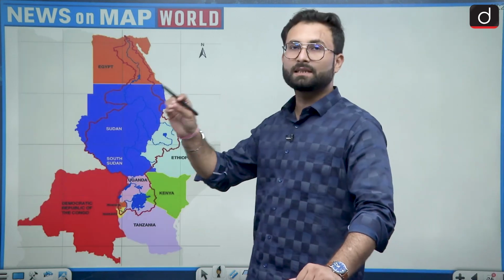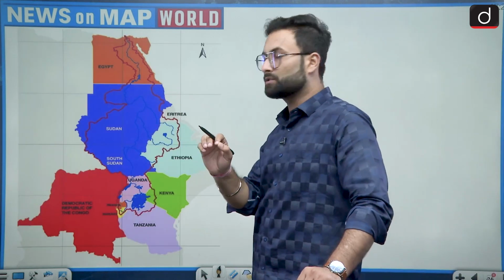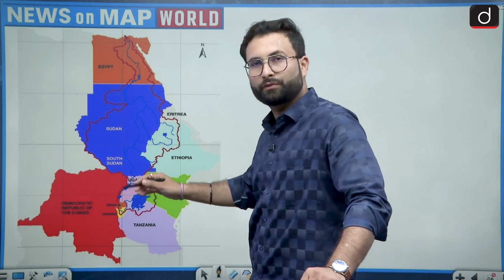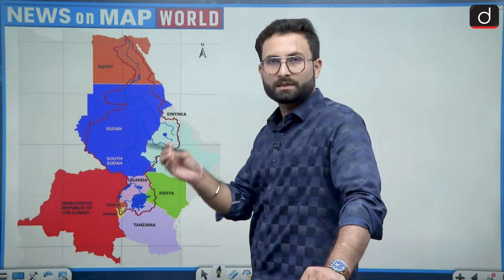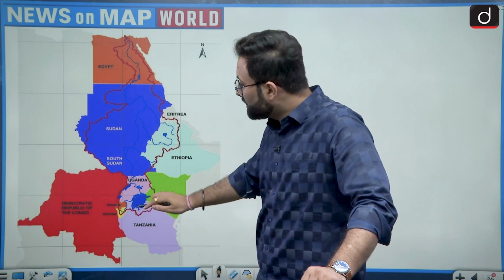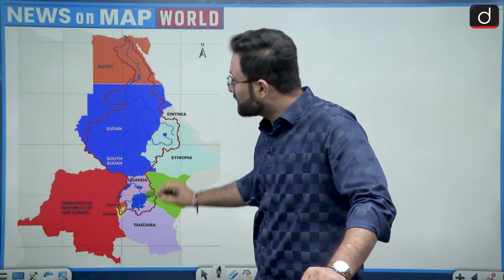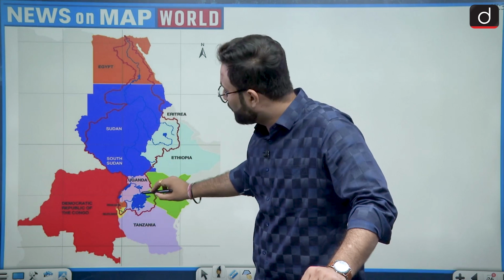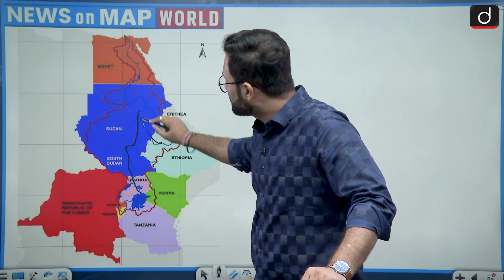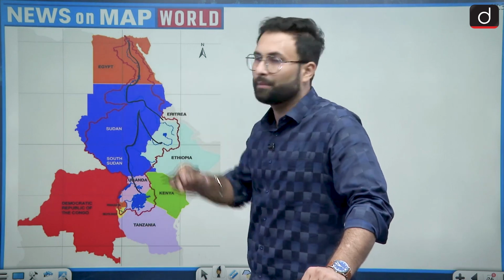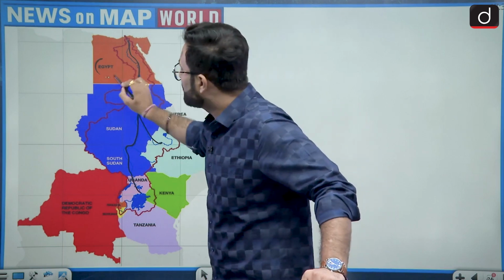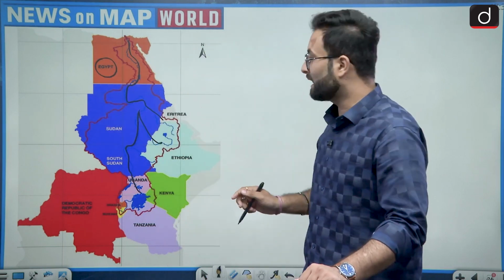So here you can see they are saying that Egypt and 10 more countries. Okay, so when we talk about the origin of Nile, there are 2-3 streams which are forming the Nile. But when we see this particular area from here, this is the river basin of the Nile. The first stream is this. Okay, second is this. These are the streams which are forming Nile. Okay, so ultimately in Egypt it is there. After that we have to see 10 more countries.